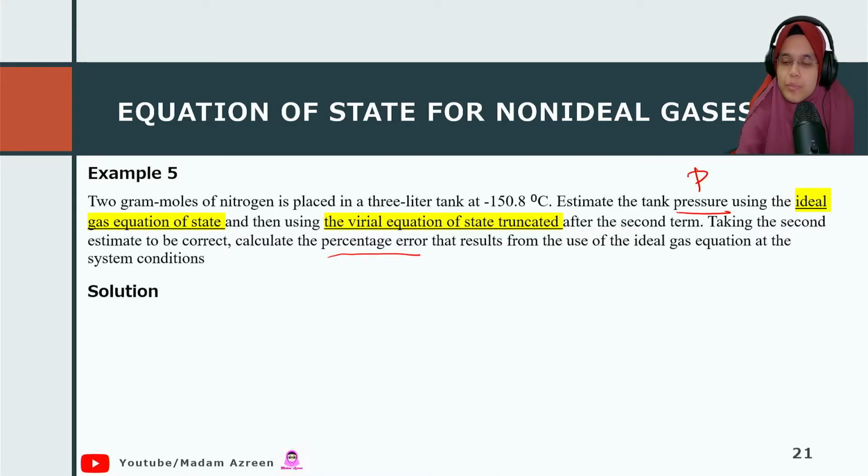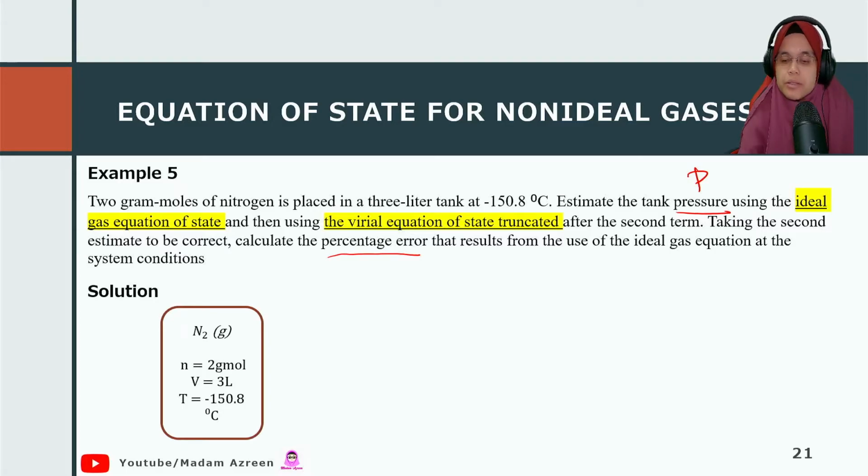So we have nitrogen in a 3-liter tank at negative 115.8 degrees C. How do we know that the phase of this nitrogen is still gas, or whether it has turned into a liquid?